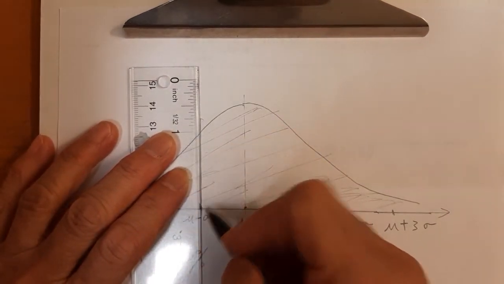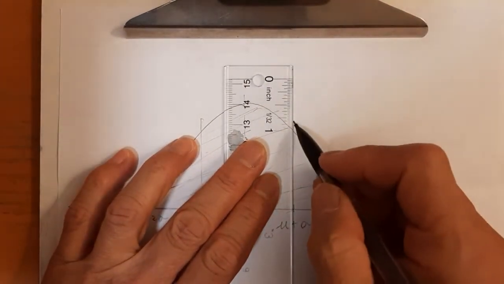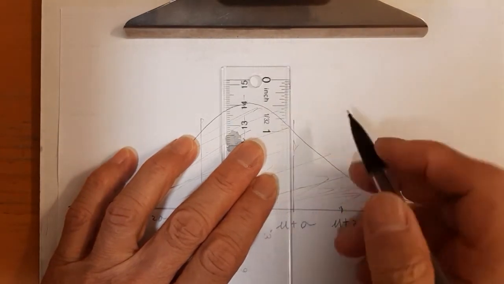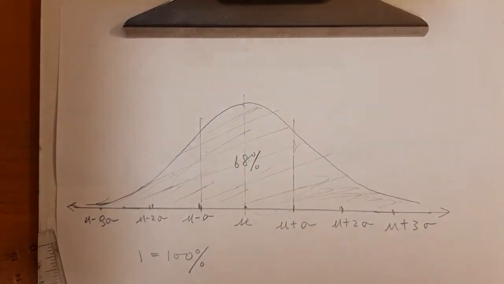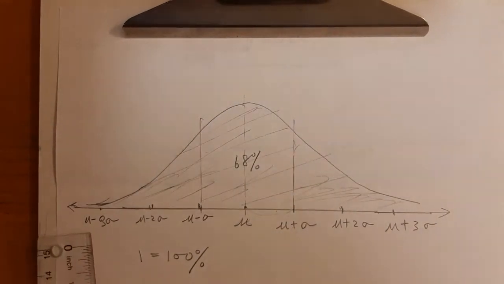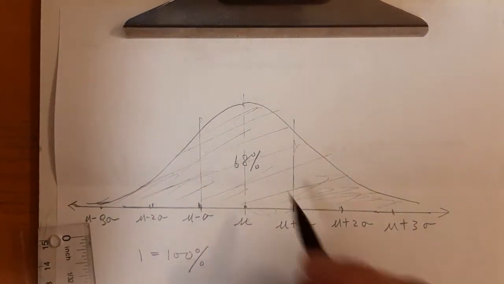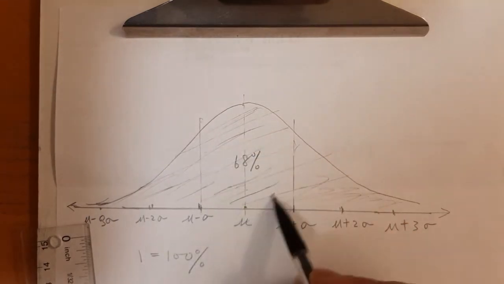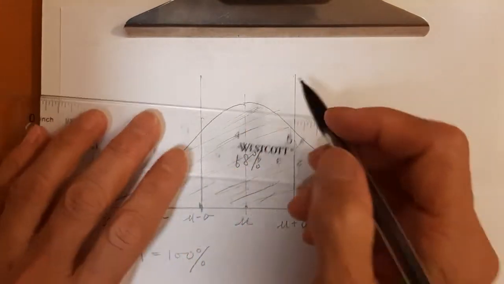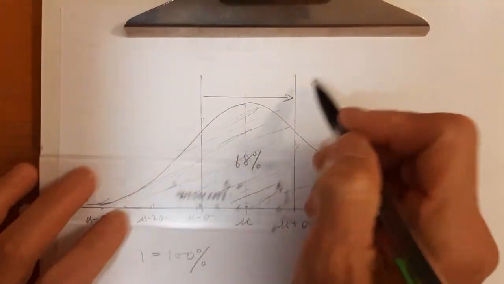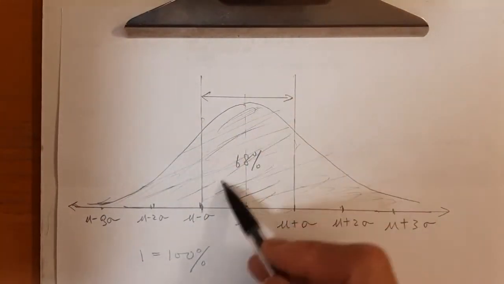This area is 68%. From here to here, the area under the curve is 68%.